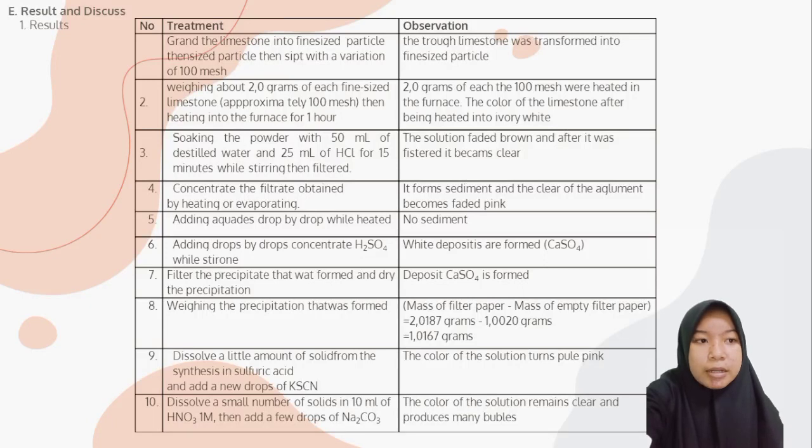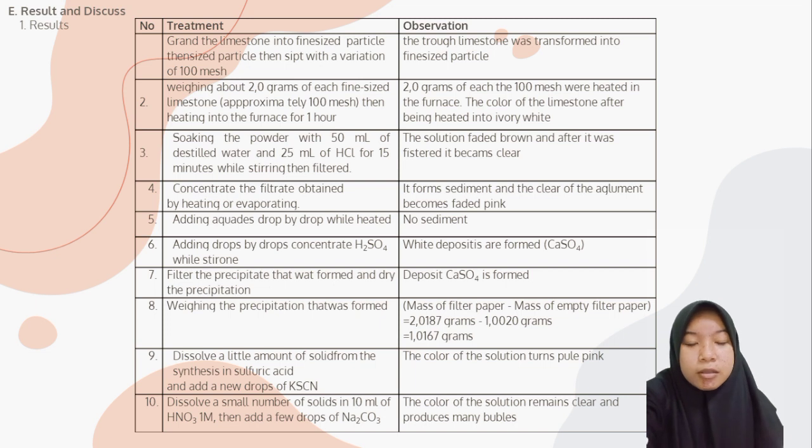Observation: it forms sediment and the clear solution becomes faded pink. 5. Treatment: add aquades drop by drop while heating. Observation: no sediment. 6. Treatment: add concentrated sulfuric acid drop by drop while stirring. Observation: white deposit is formed, calcium sulfate.